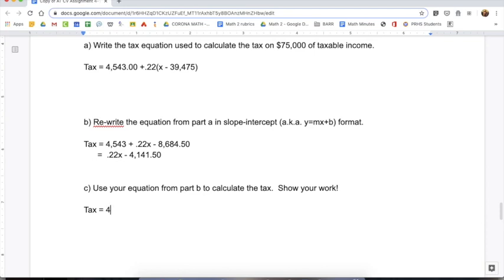We've got 4,543 plus 0.22 times the 75,000 minus, nope, did you see me screw up there? Okay, I'm backing up. Hopefully you don't do the same thing. 0.22 times 75,000 is going to be minus $4,141.50.